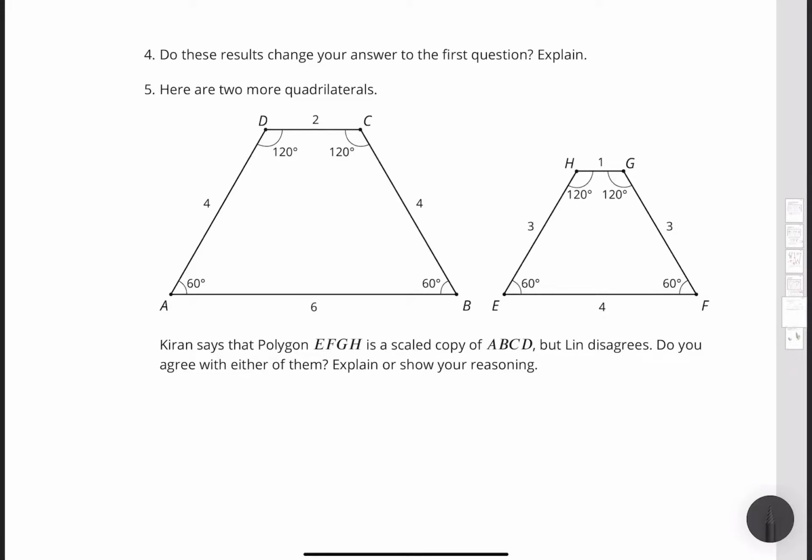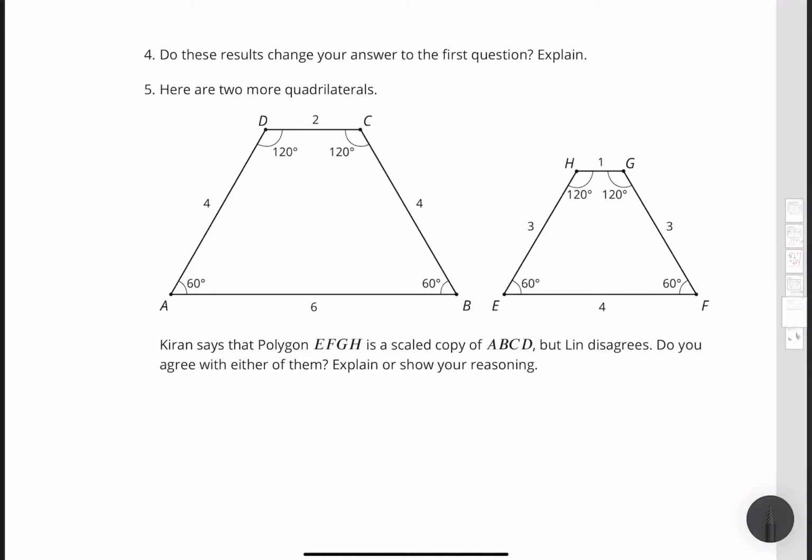If it does, think about which tool or measurement you feel is more accurate when determining a scale copy. I think this book purposely tricked us, wanting us to see whether corresponding distances are as accurate as measuring the angles of a scale copy. So who knows?